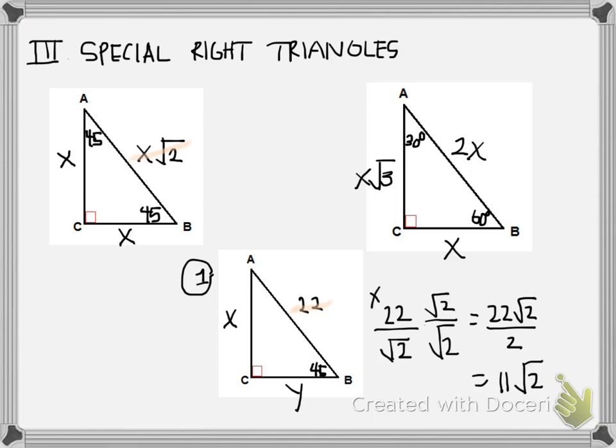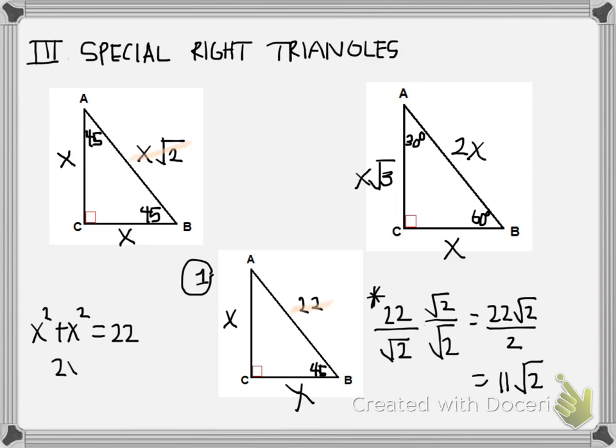Another way to think about this is 45, 45, so x and y are going to be the same number, right? So really I could change this into another x. That would mean x squared plus x squared is going to be equal to 22 squared.